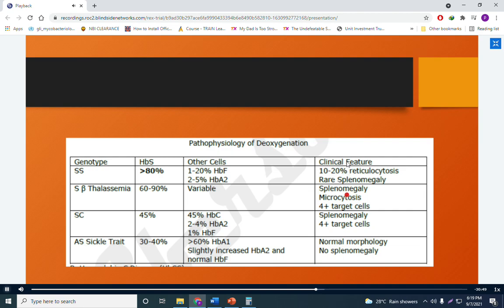Clinical features: I said, class, if you have hemoglobin S or hemoglobin C, target cells are common. Then splenomegaly, no splenomegaly, or rare splenomegaly. I'll go to the next slide.